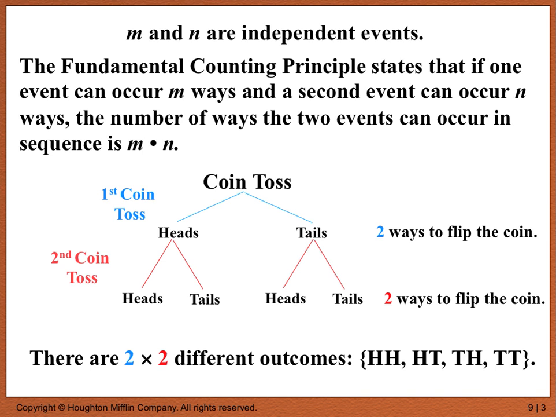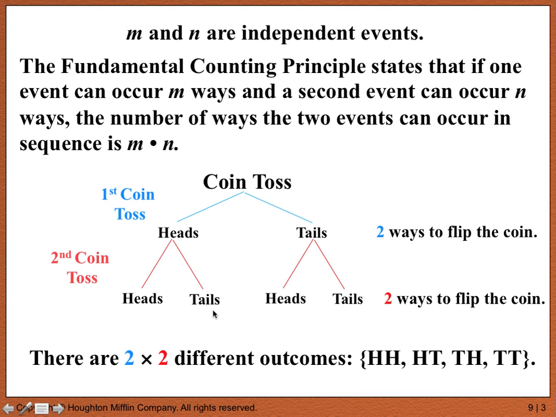So let's look at this. If my original coin toss results in H, as you can see where the arrow is pointing, well, then I can toss the coin again and get either H or T. So following one path, I get H, H. That's one possibility. And you can think of that as one path, HH. Another path is HT.